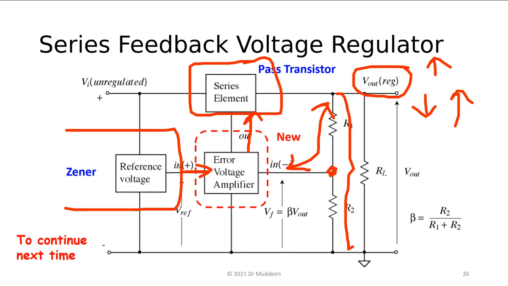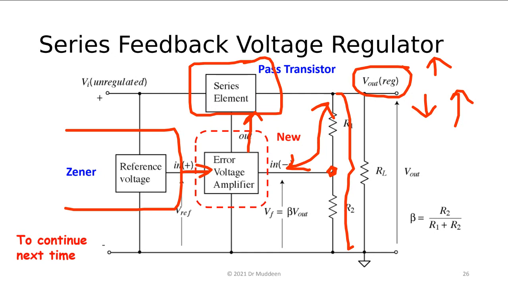That standard is coming from, in our case, a Zener diode. Remember the Zener diode creates a fixed voltage once it's biased properly. So that is our reference. If I want a 12 volt out, I'm going to put a 12 volt reference here or something of the nature like that, right?